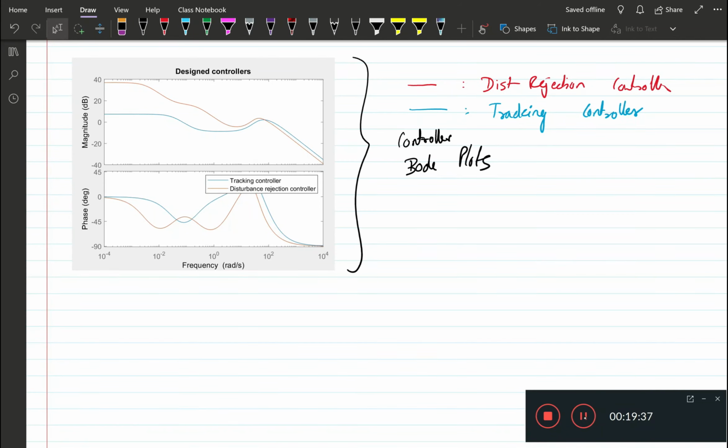You can think of it like this. If we have a controller that is satisfying the disturbance rejection criteria, we would have a high gain in the control action that leads typically to an overshoot. Let's give an intuitive explanation of why this is happening.